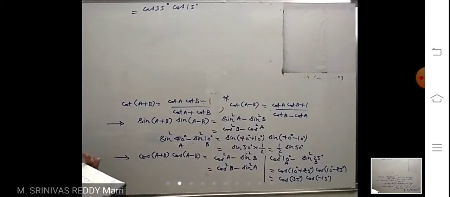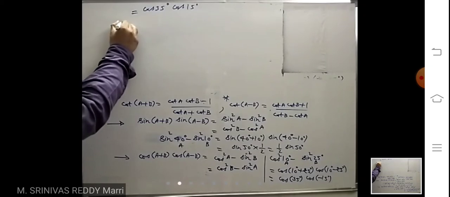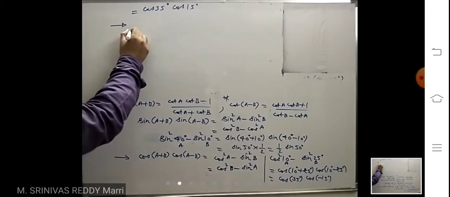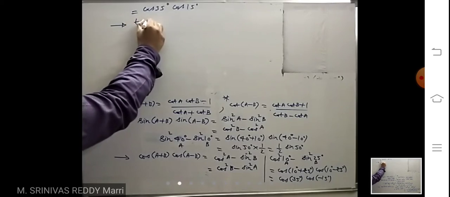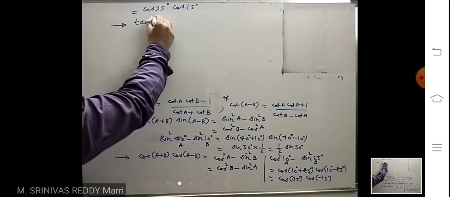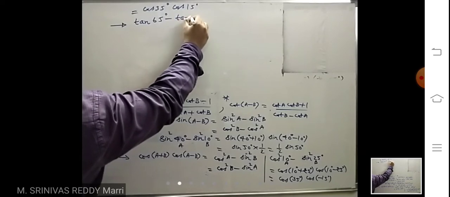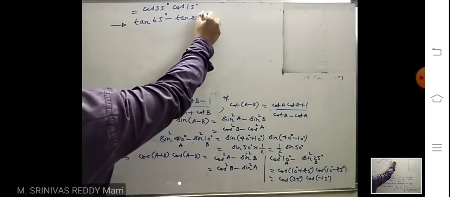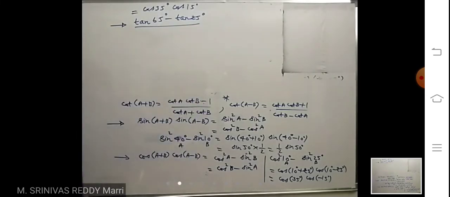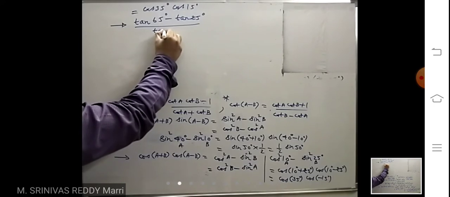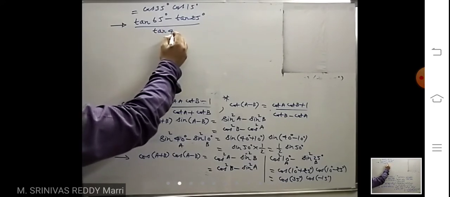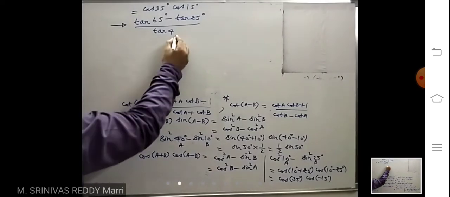Suppose take one simple example: tan 65 degree minus tan 25 degree divided by tan 40 degree.